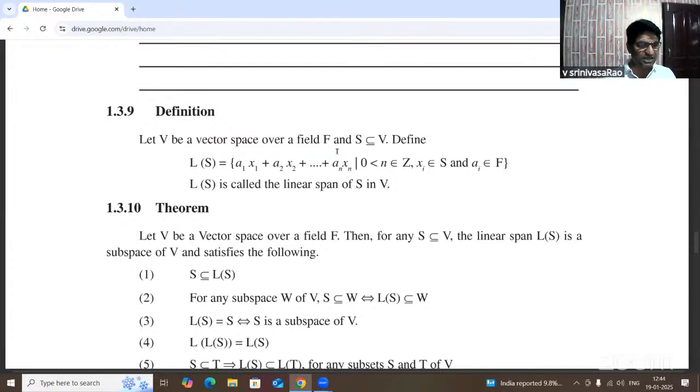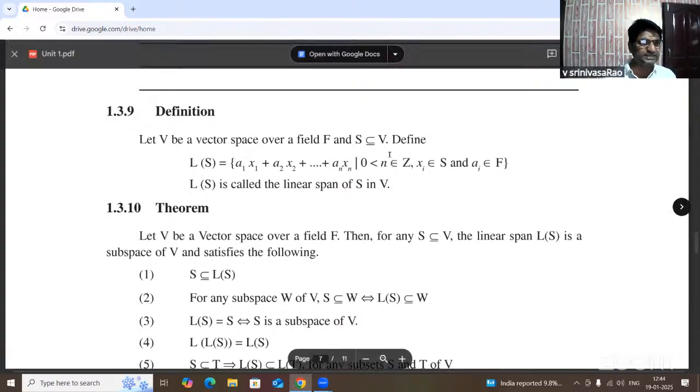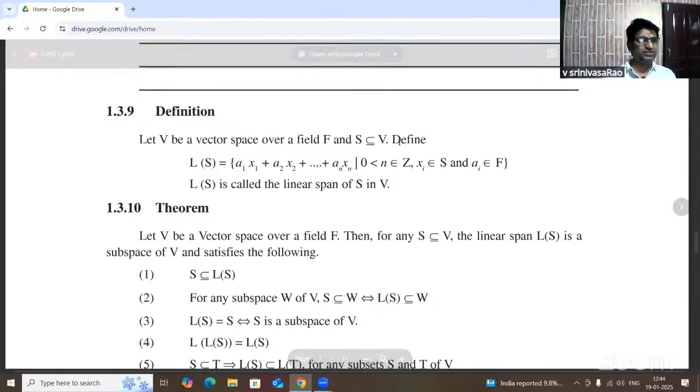All the X elements are vectors. Now, the Ai, Xi values: A1 X1 plus A2 X2 and so on, the sum of scalar multiples. That is called the linear span. Span means the generated elements. All the elements of the subset must be in the vector space.